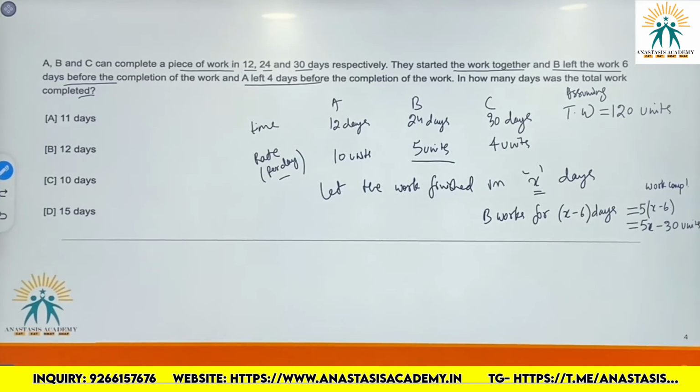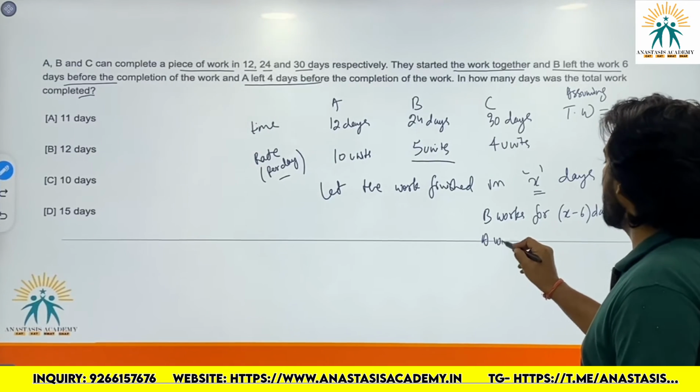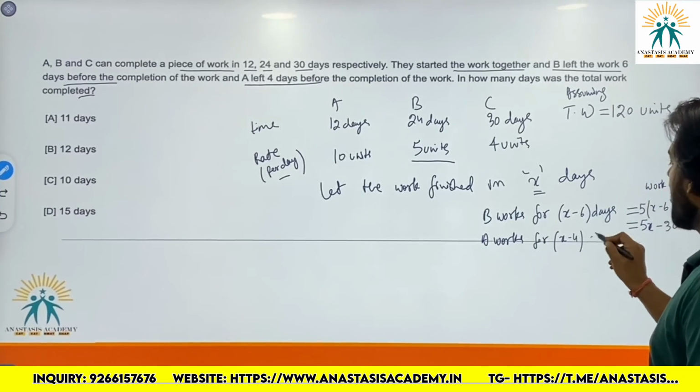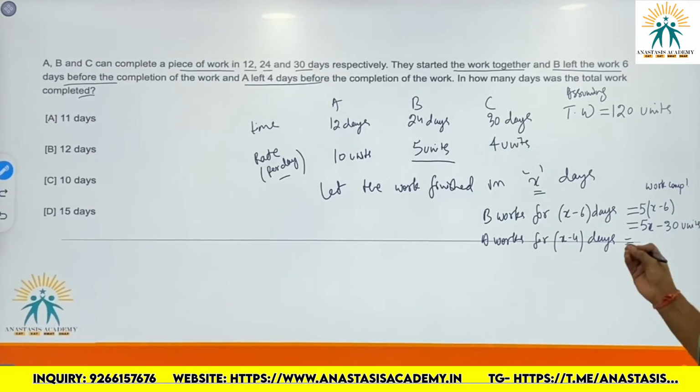Now it is given that A left 4 days before, so A works for X minus 4 days. If A works for X minus 4 days, at 10 units per day, the number of units completed would be 10x minus 40 units.